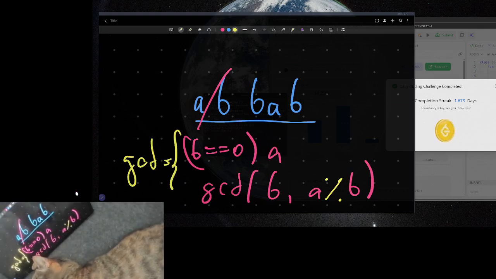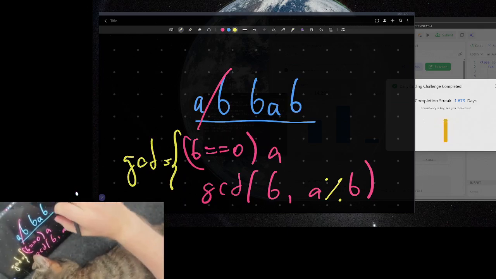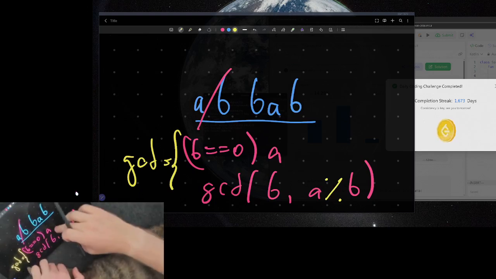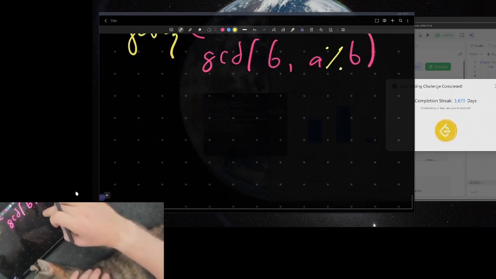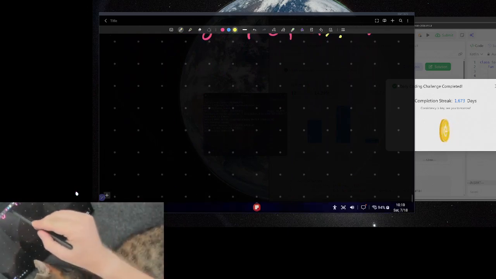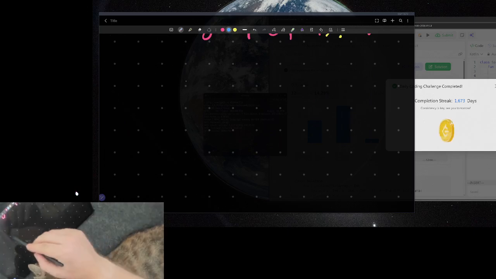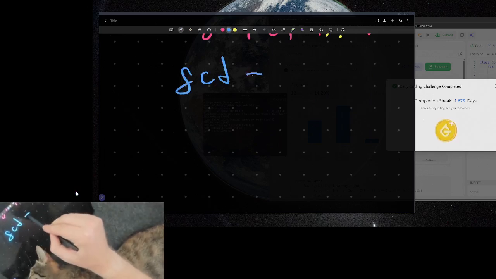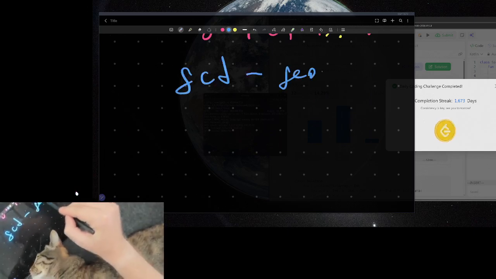Okay, what else is interesting about this function? The interesting fact is how geometry comes in. So GCD is a geometry problem.